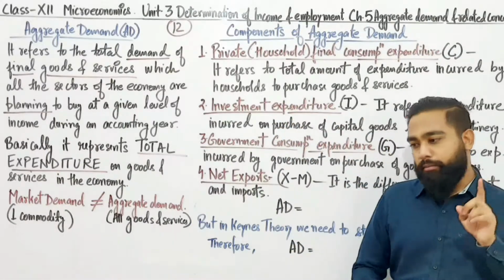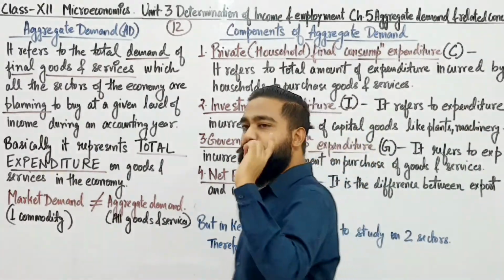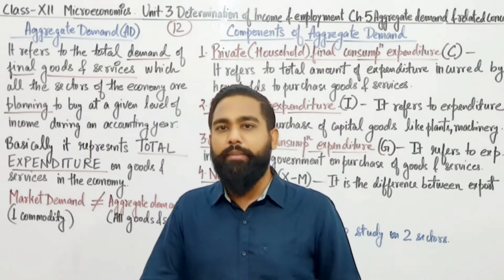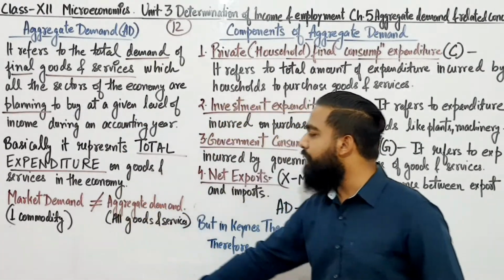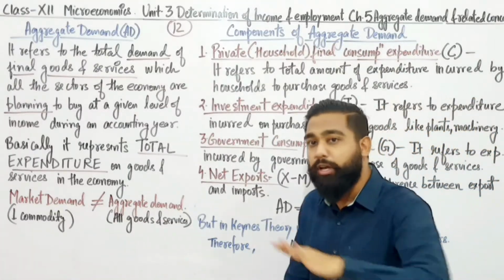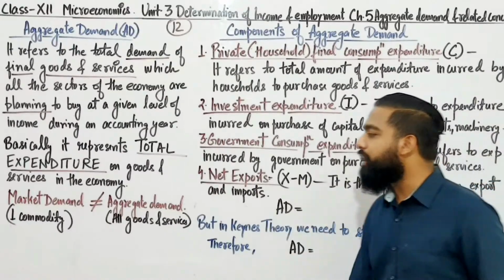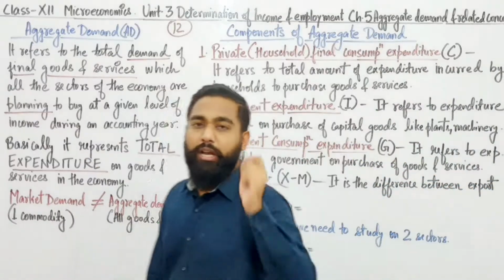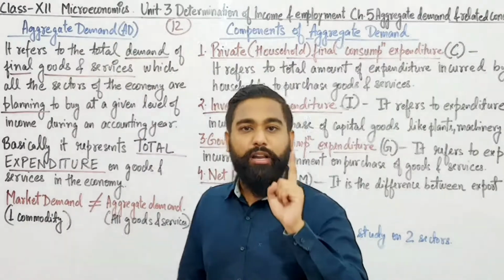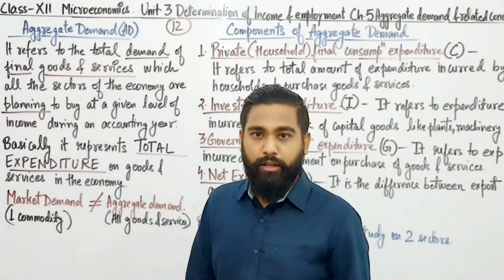And make sure, in class 11 we have studied the concept of market demand. Remember? But market demand and aggregate demand are two different concepts. They are not similar, they are totally different. Under market demand, there was the total demand for one commodity by all the consumers.